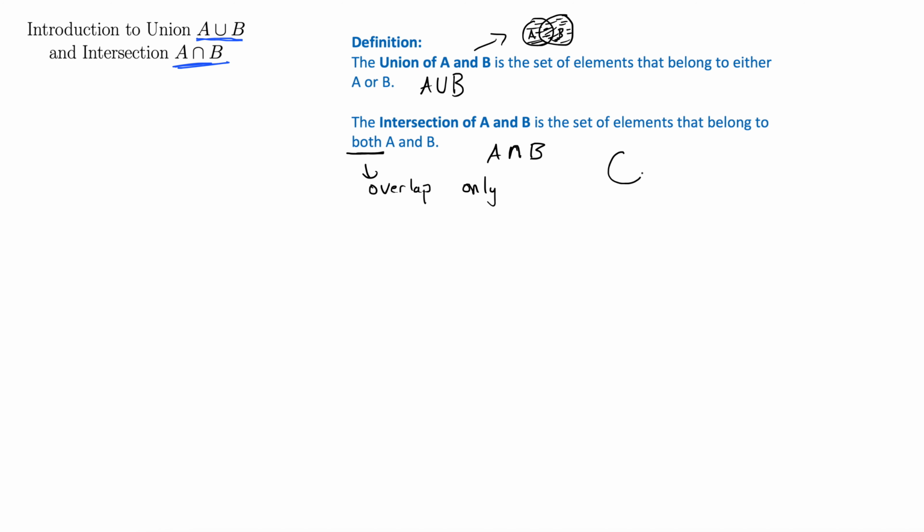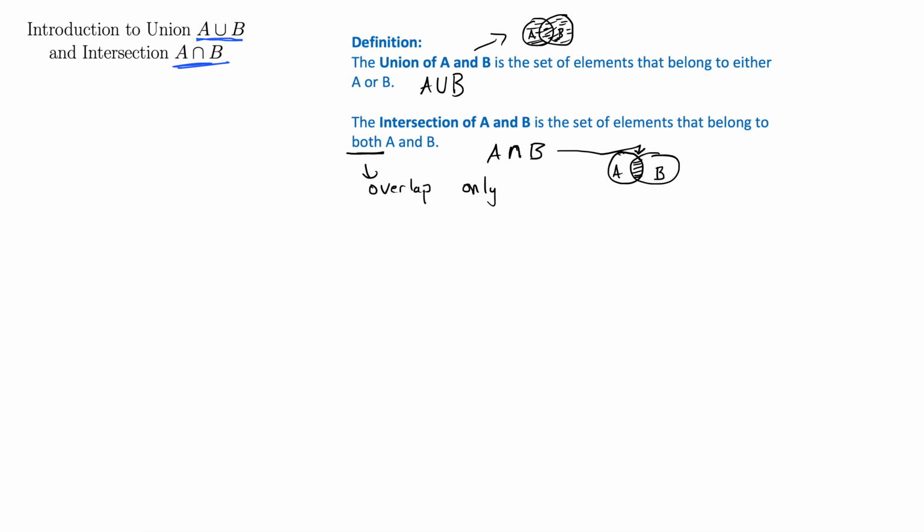And if we were to draw a Venn diagram here, A, B, it's only where they cross. There's the intersection, just that bit right in the middle. So it's very exclusive. For something to be in the intersection of A and B, it has to be both in A and B. For it to be in the union of A and B, it just has to show up once somewhere in A or B, then it's in the union.